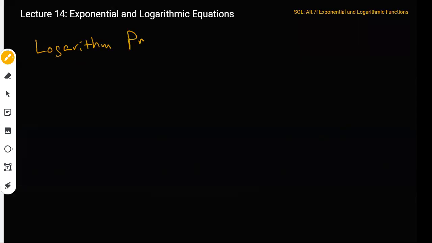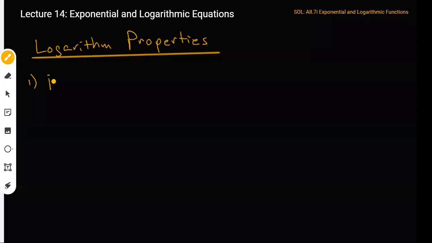Logarithm properties. These become very important the higher up you go in math. There are four main ones that you need to know. The first one is the product rule.